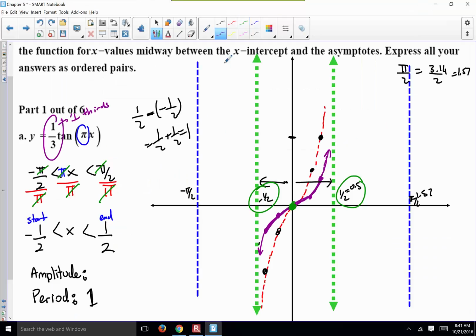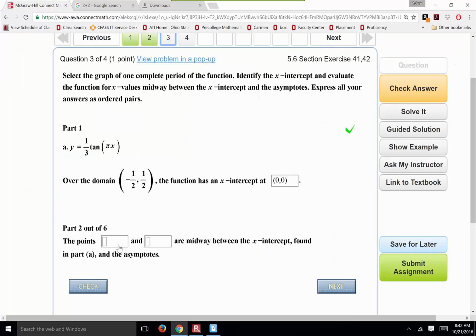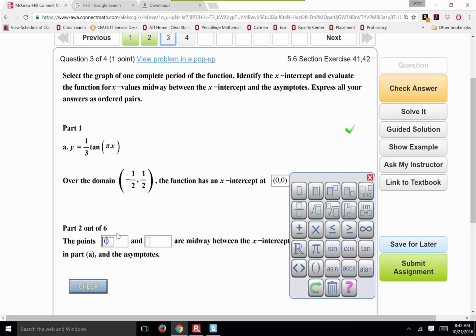So what is the first point between the asymptote and the intercept? They're asking for this value, and they're asking for this value because it's between the x-intercept and the asymptote. Find that one as well. So what do you think those values are? 1/4. You average 0 and 1/2. It's 1/4, a quarter. Half of a half, right? So it's -1/4 on the left.